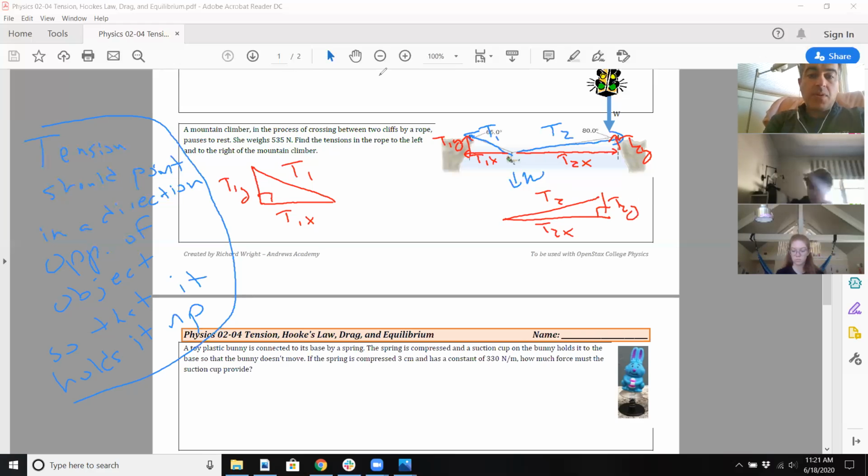The actual values of the angles are 65 degrees and 80 degrees. Remember, cosine of 65 degrees will be T1Y over T1. So T1Y is T1 times cosine of 65 degrees.